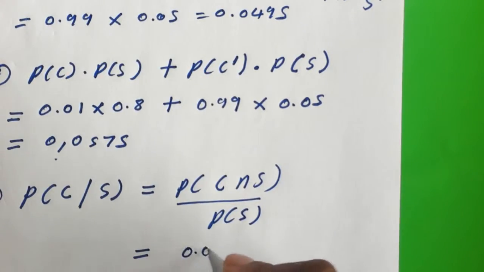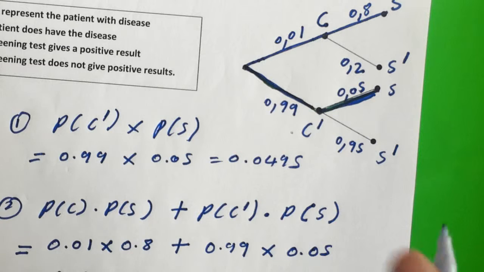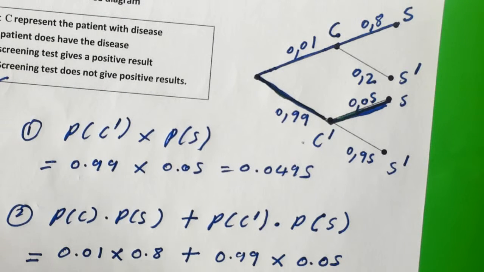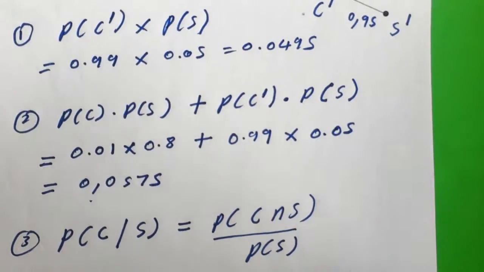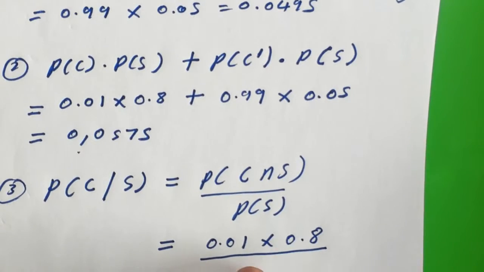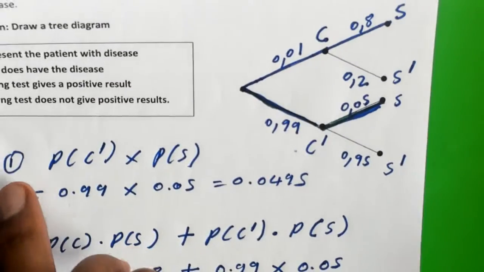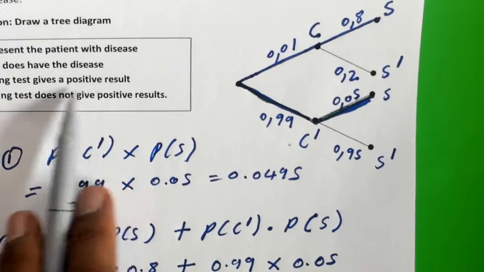That gives 0.008 over the probability of S. And P of S is the probability that a screening will give a positive result.